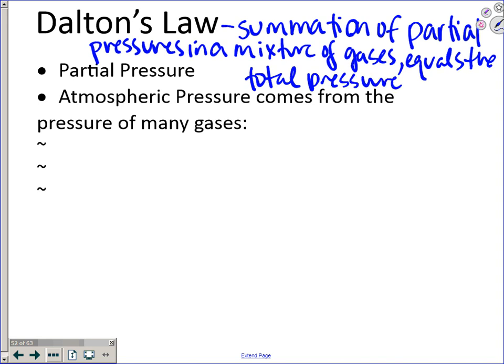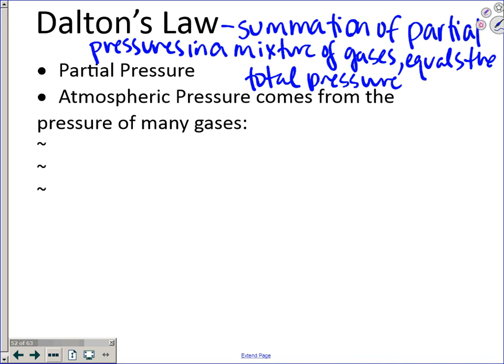When I say the word summation, what mathematical process comes to mind? Addition. This is the simplest of them all, so save the best for last. Summation of partial pressures in a mixture of gases equals the total pressure. Thumbs up when you get there.